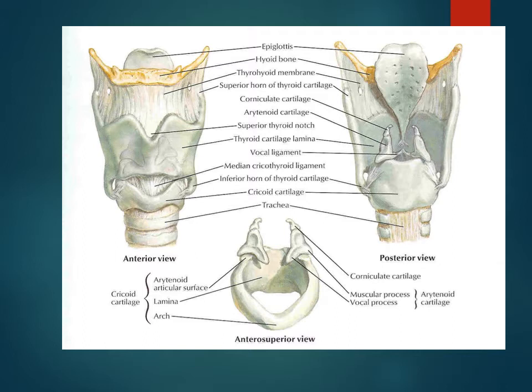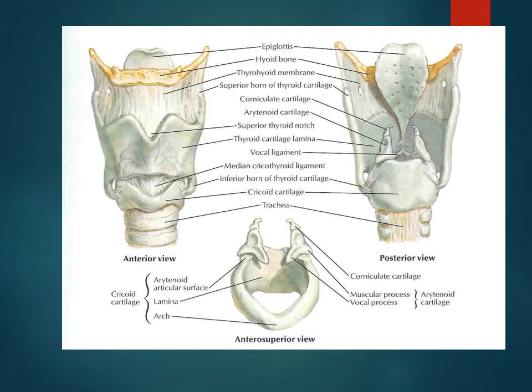On these three diagrams, we can see the epiglottis, which is protruding from over the hyoid bone, and this is the thyroid membrane. This is an anterior view, and the main cartilage, which is very prominent, is like a shield in the anterior parts of the larynx. This is the thyroid cartilage, and this is the cricoid cartilage.